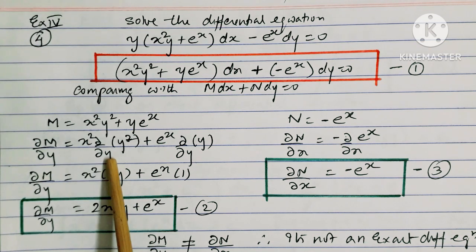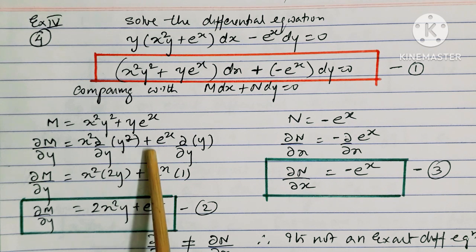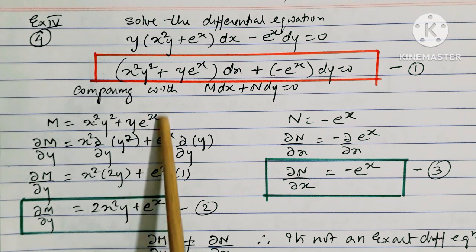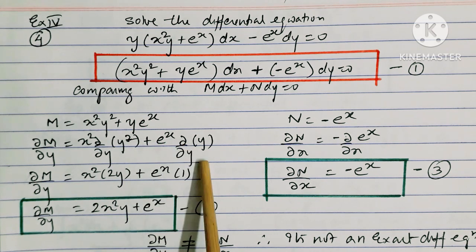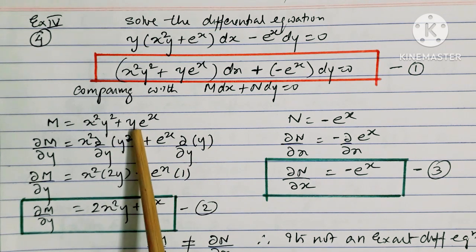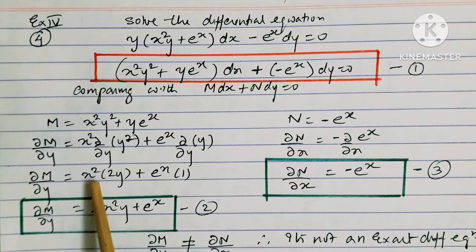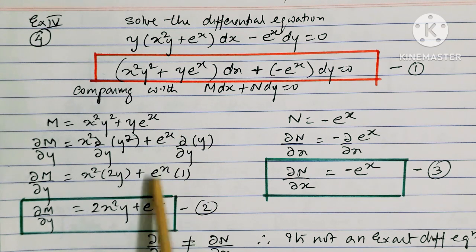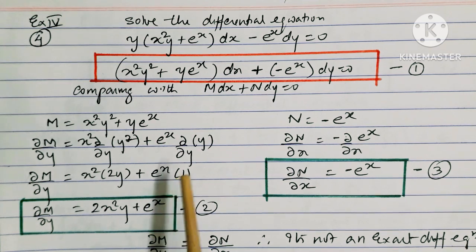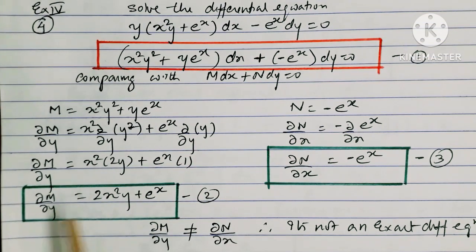So this would be x² ∂/∂y of y² plus, now again here we will have to treat e^x as a constant and we'll have to write it outside. So this would be plus e^x ∂/∂y of y. Now ∂/∂y of y² is equal to 2y. So this would be x² into 2y. And ∂/∂y of y is equal to 1. So this would be plus e^x into 1. Therefore, ∂M/∂y is equal to 2x²y + e^x.